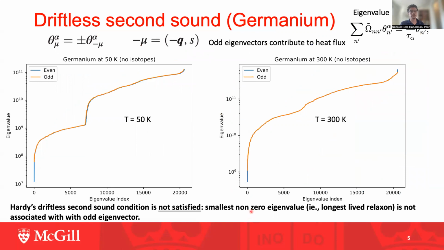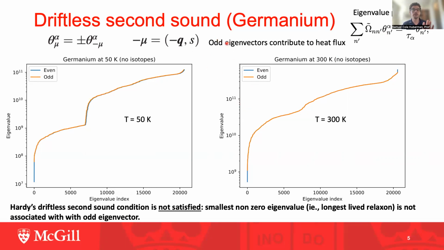Going on to driftless second sound, we need to perform this eigenvalue decomposition of the collision operator. Remember that now we have the first principles input to construct this eigenvalue problem, whereas Hardy did not. So we can actually check whether the condition for driftless second sound is satisfied for a given material, in this case, germanium.